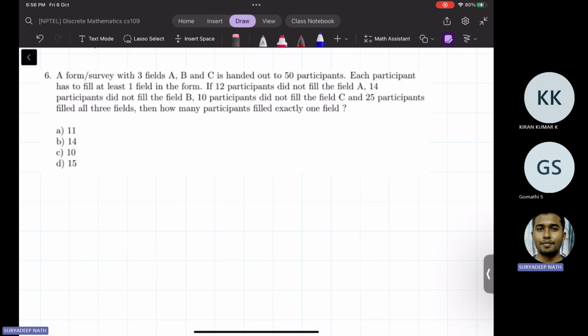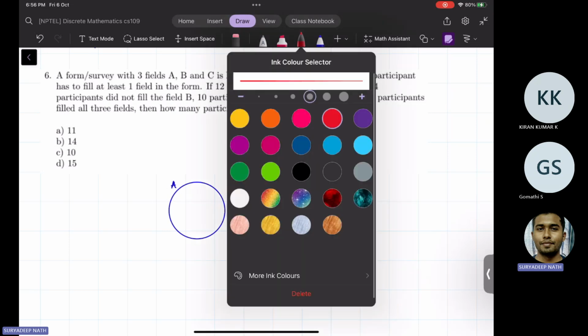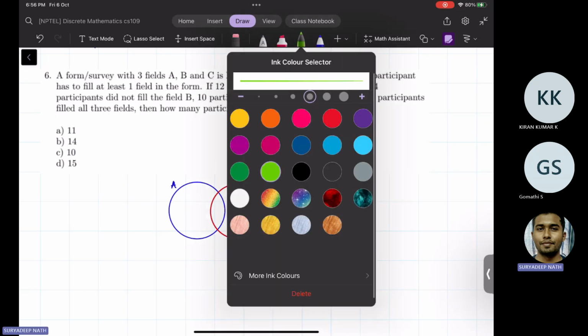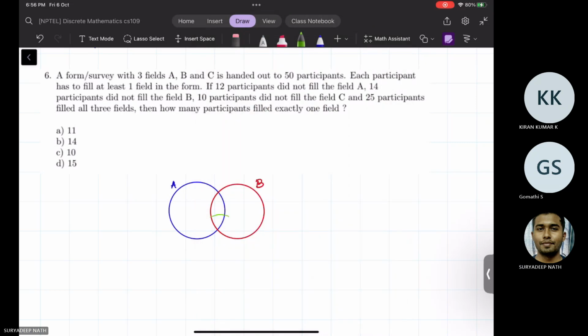Again, I will draw the diagram. Let's say this is A. This set A represents all the people who have filled this field A. We have B, and let us say we have C. Now in this figure, it is 25 over here.